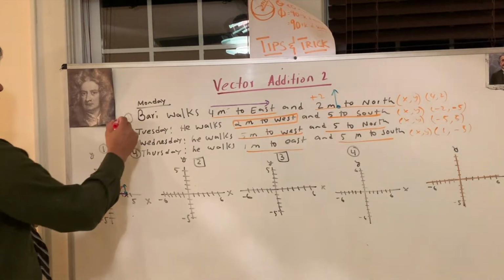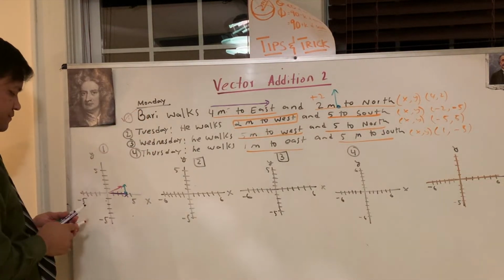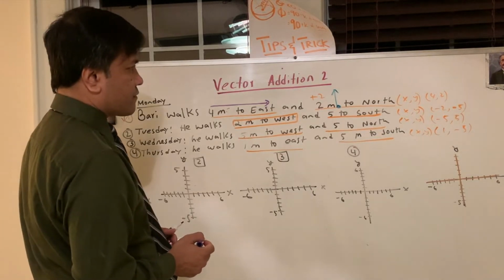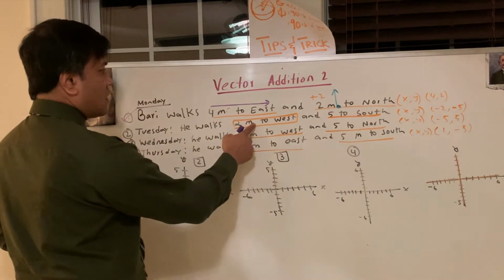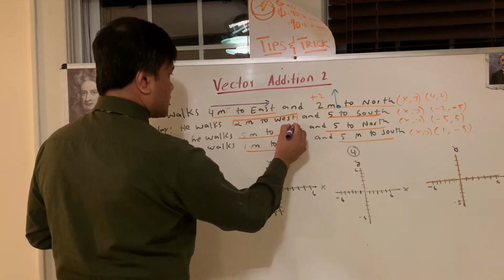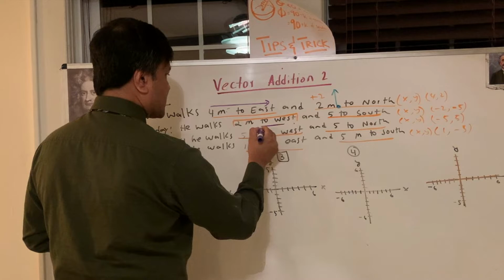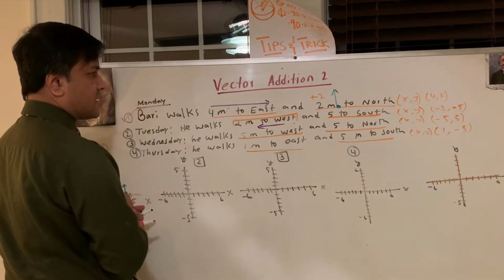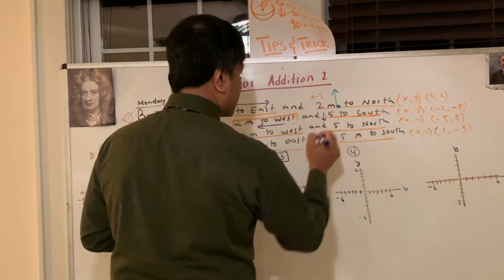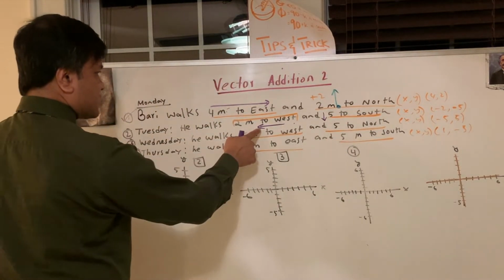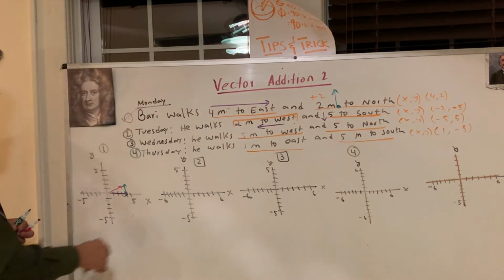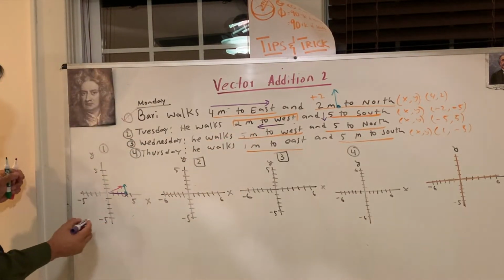So I'm done with vector 1. Now I'm going to do vector 2. Vector 2, I have 2 meter to the west. 2 meter to the west is the vector this direction. And 5 meter to the south is the vector this direction. So I'm going to first draw the x component, which is 2 meter to the west.